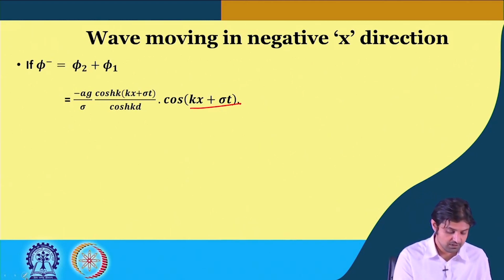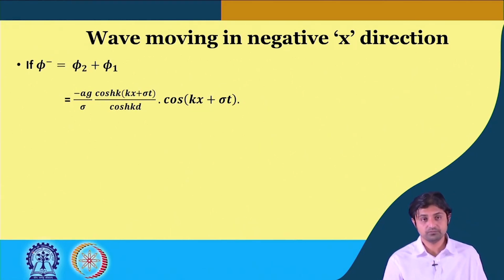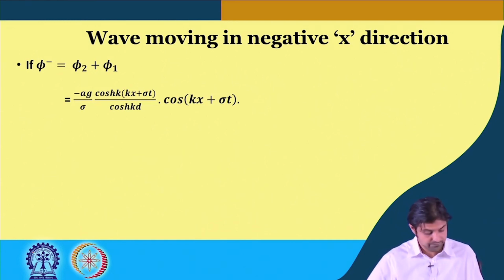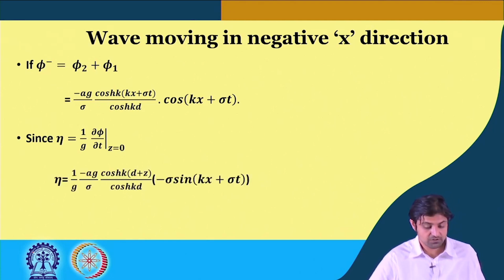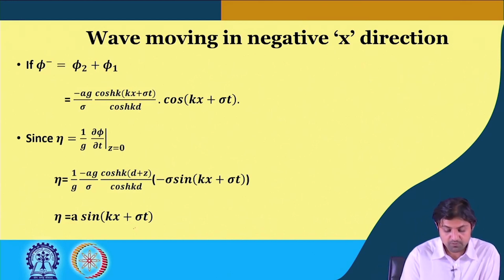So, this is a different waveform, all right. In this case, since eta is 1 by g times the time derivative of phi, we will also get a similar expression; it was kx minus sigma t, it becomes kx plus sigma t. So, the phase is changing when the wave is travelling in the negative direction, all right.